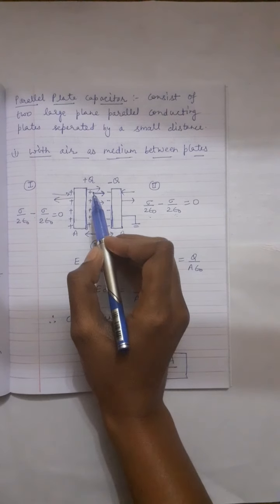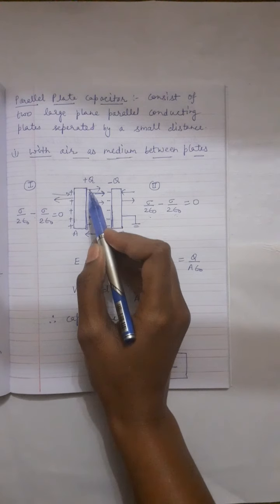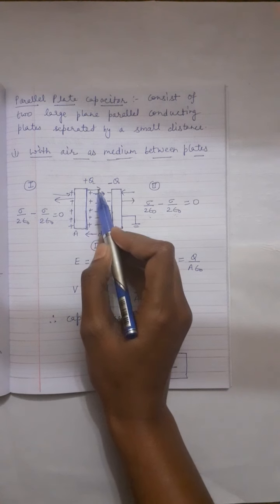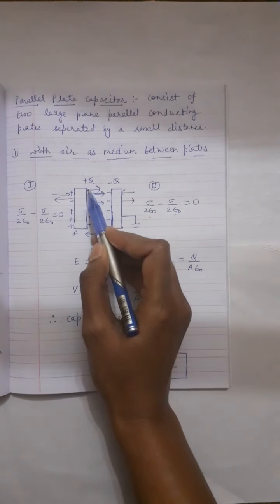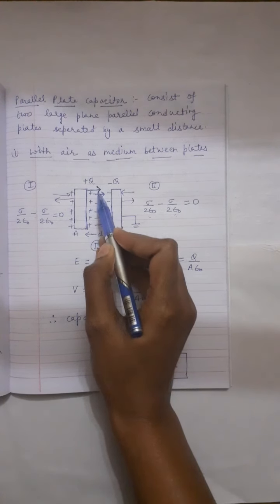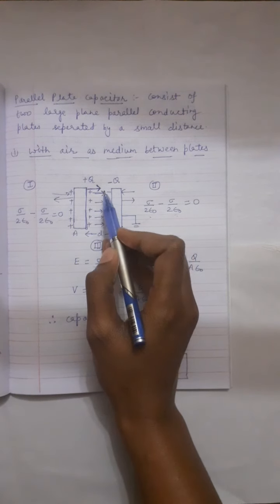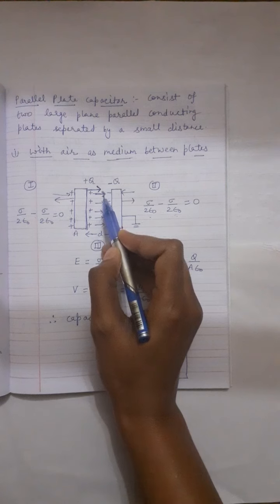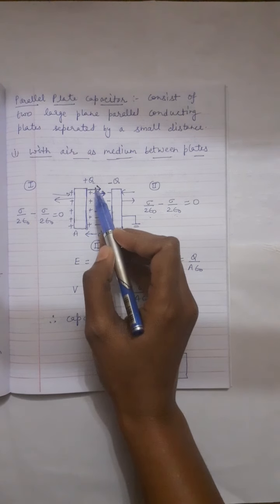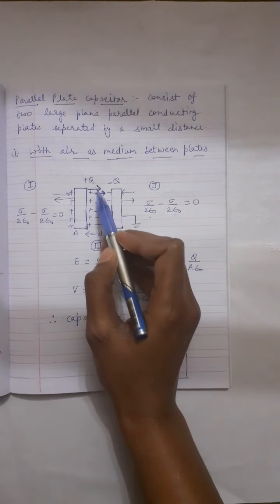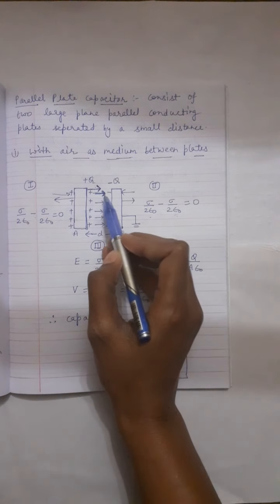The electric field in this region due to this positive charge plate will be outward in this direction, and the electric field due to this negative charge plate will be inward in this direction. So these two electric fields have the same direction and same value.